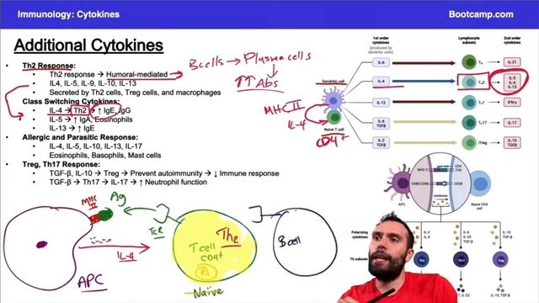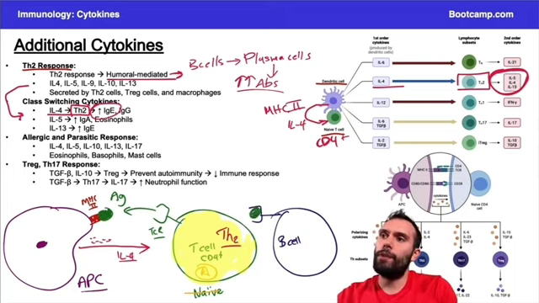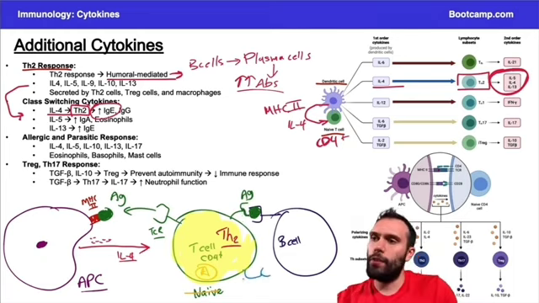And let's just say that we have some B cell here. And remember what I told you in the beginning, B cells can also bind antigens. So this B cell might have the same antigen that this antigen presenting cell had, and that can also bind to this T helper 2 cell. So when this happens, the B cell can also become activated. The T cell is going to have a CD40 ligand receptor, and the B cell will have a CD40 receptor.